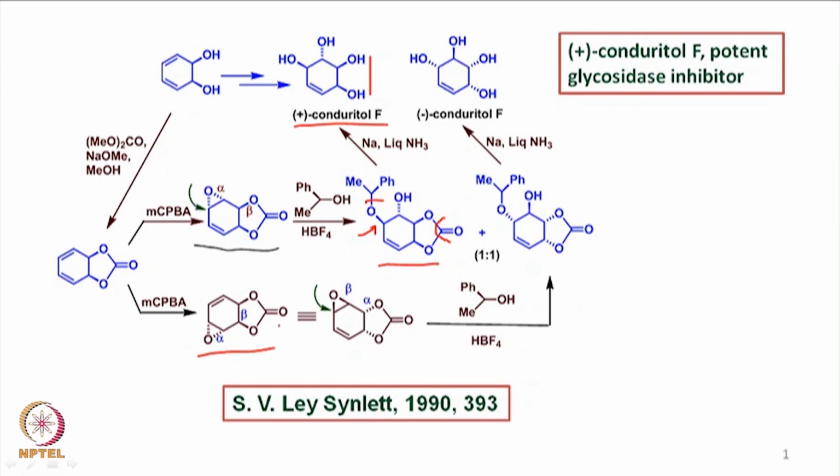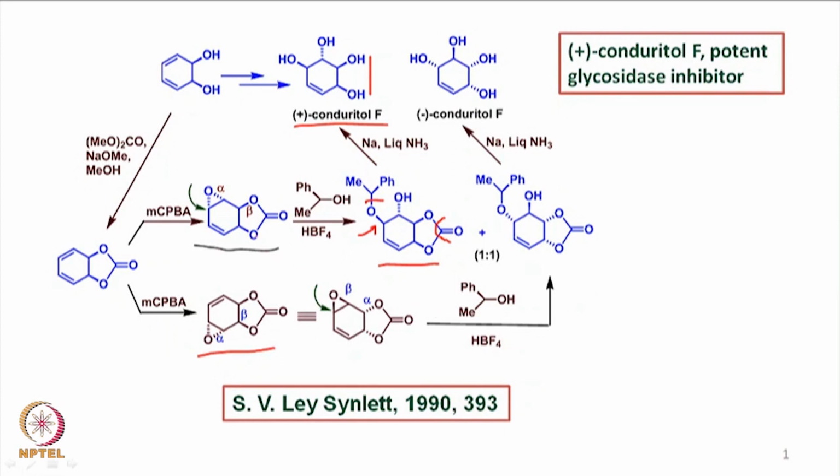We can write the same molecule in this particular fashion by lifting the molecule out of the plane and rotating it vertically at 180 degrees, in such a fashion that the epoxide part goes on the top and the double bond part comes at the bottom. And in this fashion, the alpha oriented epoxide now would be beta oriented, and the carbon-oxygen bonds which are here beta oriented would now become alpha oriented.